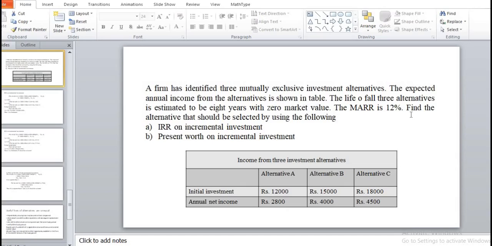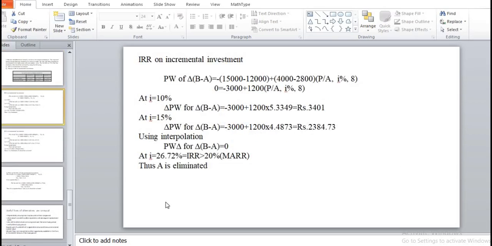The MARR is 12%, and find the alternative that should be selected by using the following: IRR on incremental investment and present worth on incremental investment. So they consider the incremental investment case using the IRR method and present worth method. First we calculate IRR.